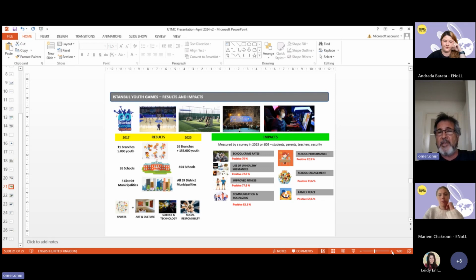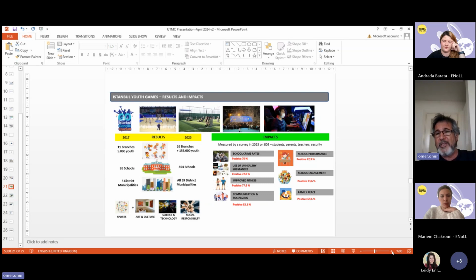So if we look at the impacts, we can see that the crime rates at school have dropped quite significantly. Use of unhealthy substances have dropped quite significantly.